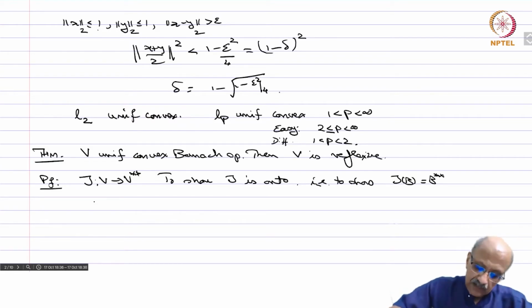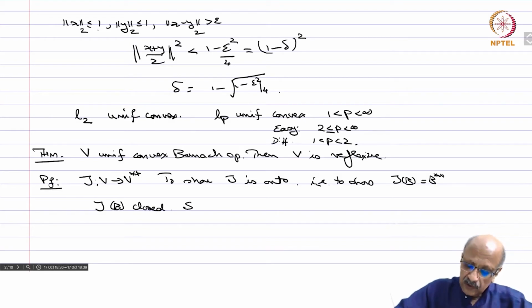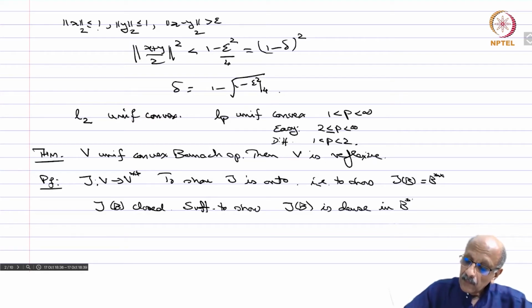Now J is an isometry, so JB is closed, so it is sufficient to show JB is dense. Then JB is closed, so JB equals its closure, the closure of JB is B double star, so JB will be equal to B double star. So this is what we want to show.